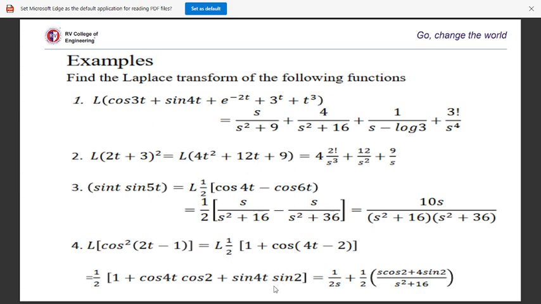Finally, this cos 2 and sin 2 become constant terms and you write the Laplace transform of 1 is 1 by s, Laplace transform of cos 4t is s by s square plus 16, cos 2 is constant, again sin 2 is constant, Laplace transform of sin 4t is 4 by s square plus 16.